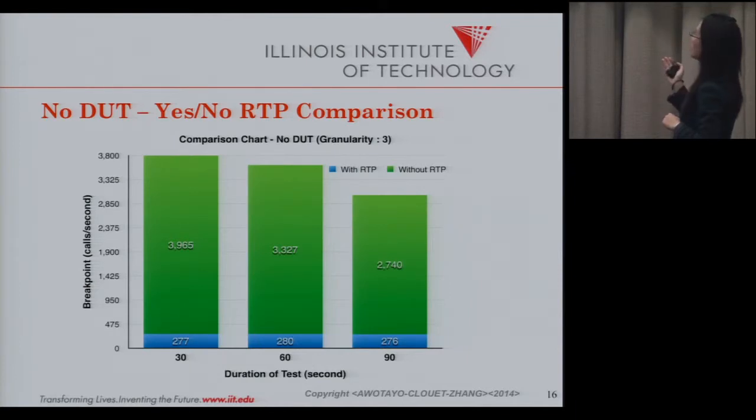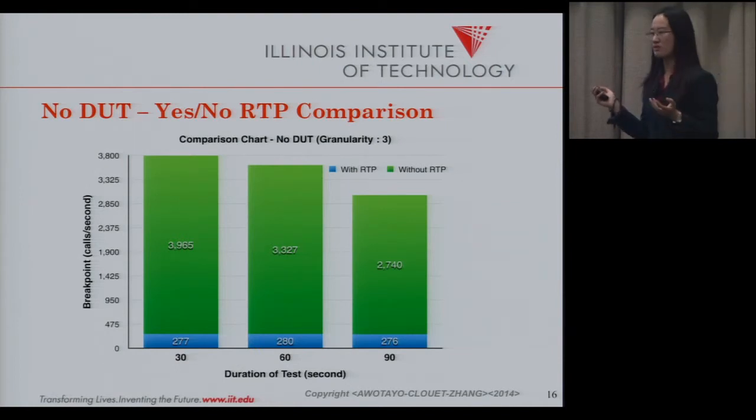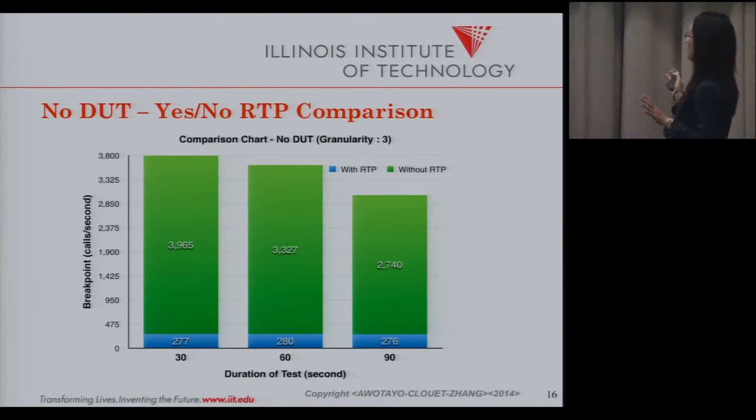You can see in this graph the value of breakpoint of the node without RTP is much higher than the value of breakpoint of the node with RTP. Why? Because we think if we send the RTP, we consume a lot of resources of our computer, and that caused this large difference. Okay.